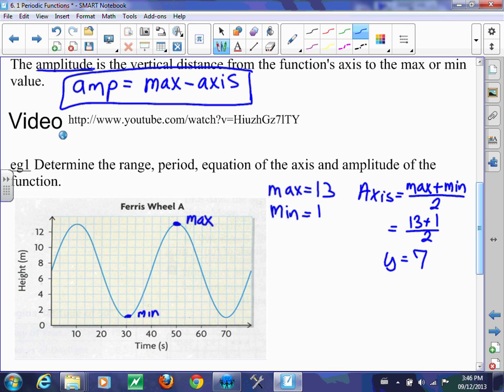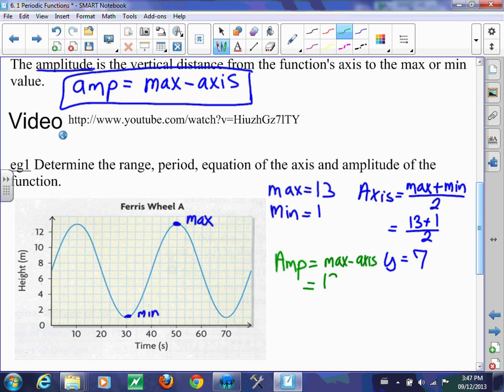Alright. And now I'm going to take a look at finding the amplitude. Amplitude is the difference between the max and the axis, or the axis and the min. So I'm going to look at amp equals the max, subtract the axis, and figure that out.